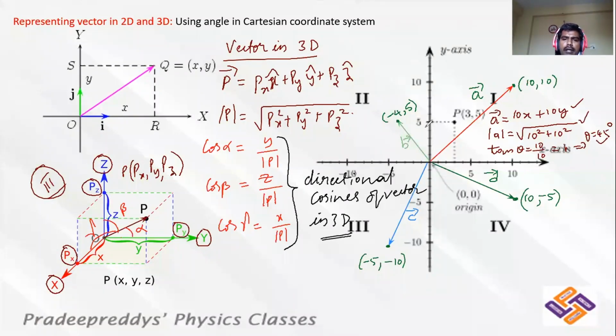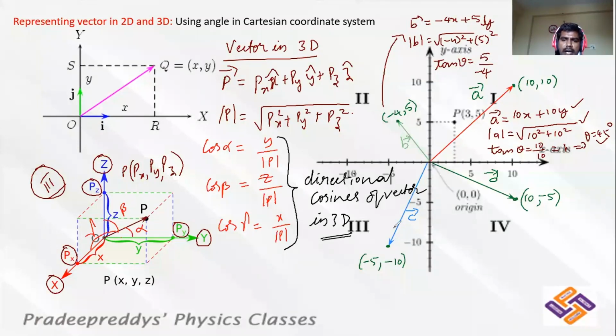Now coming to B bar, how do you represent B bar? B bar can be represented as -4x plus 5y. And you can find the magnitude as the square root of (-4) squared plus 5 squared. And tan theta is equal to the y component divided by the x component. That is tan theta.